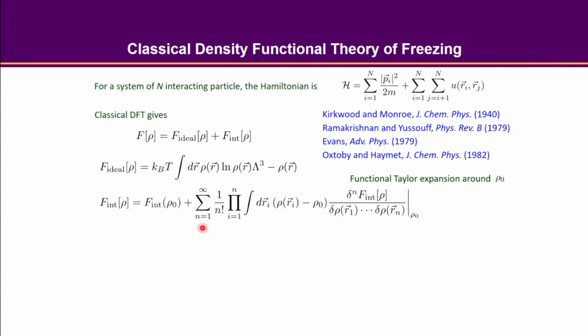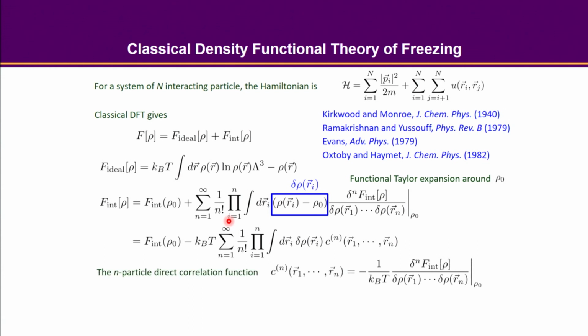So this term is associated with something you probably already know, the correlation function, right? So let me just use the short notation where rho of r minus rho naught is delta rho. And this functional derivative is associated with the correlation function because the correlation function is associated with the interaction. If there's no interaction, there's no correlation.